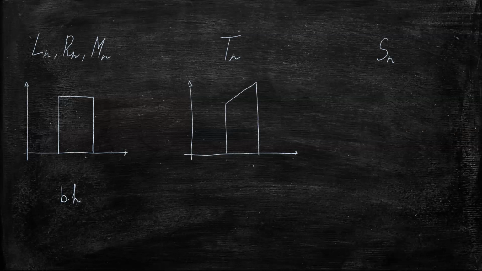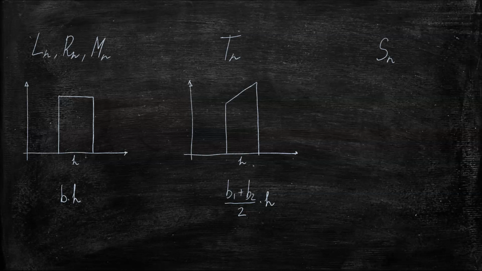And when you have trapezoids, we use a different formula. The area of a trapezoid is this, and h in this case is the width of an interval. So the formula for the trapezoidal approximation somewhat looks like this.